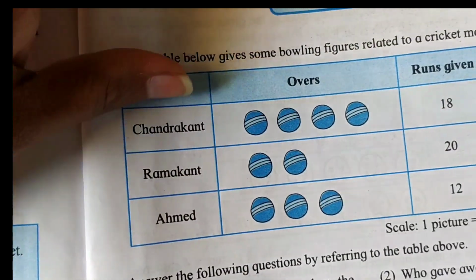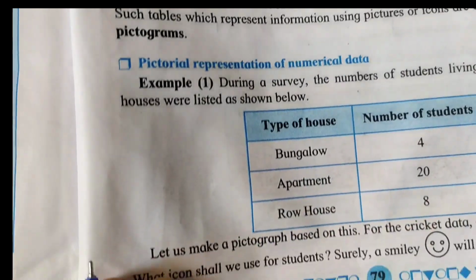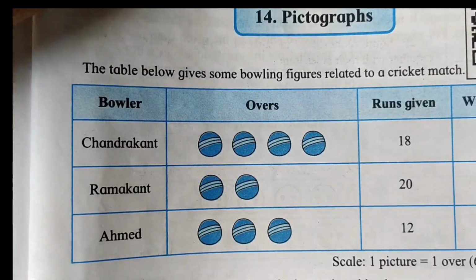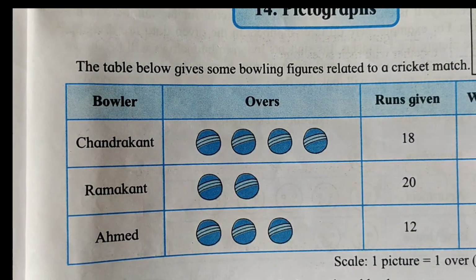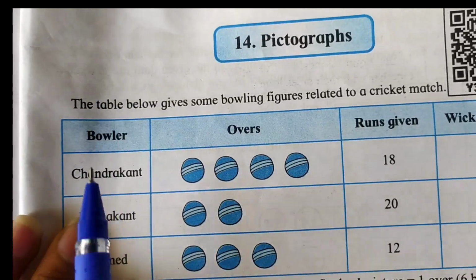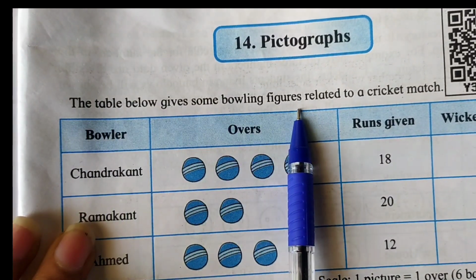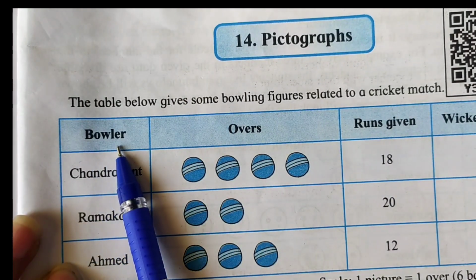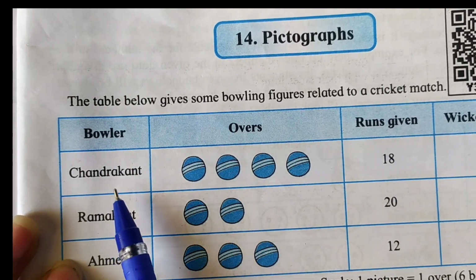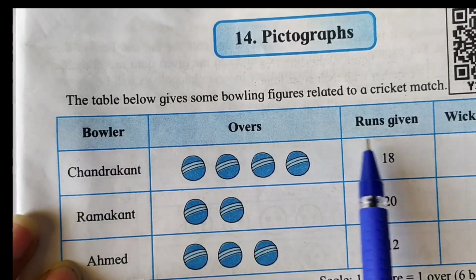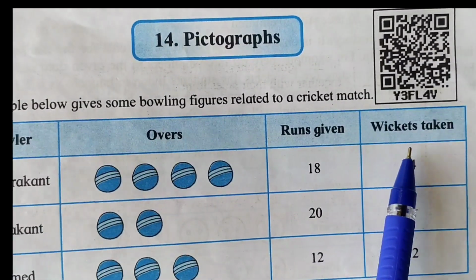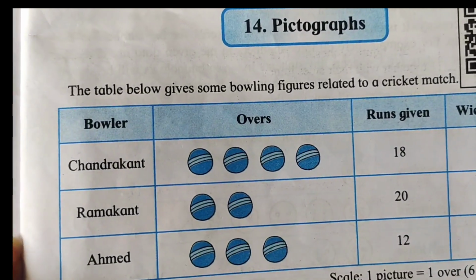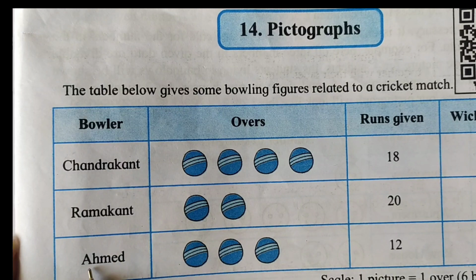Look here, in our book on page number 79, one pictograph is given. We learned such pictographs in our last standards. The question is, the table below gives some bowling figures related to a cricket match. We can see columns for bowler, overs, runs given and wickets taken, and the names of bowlers are Chandrakant, Ramakant, Ahmed.